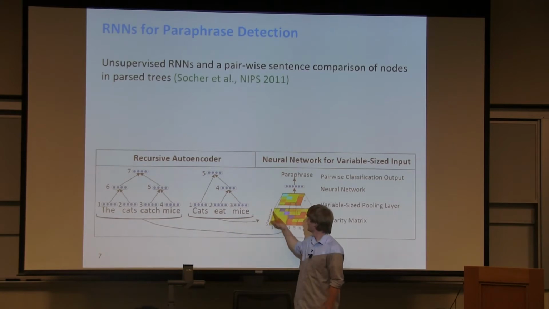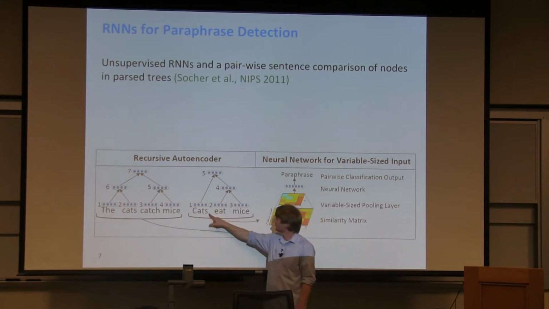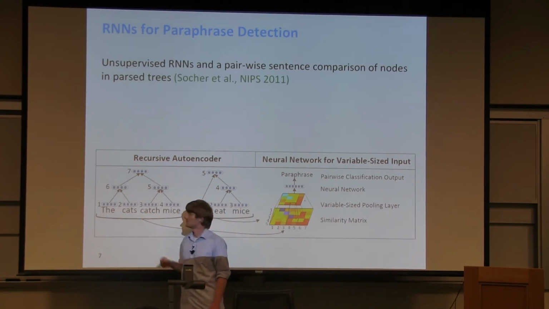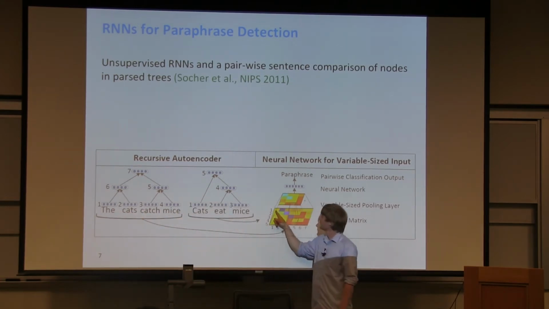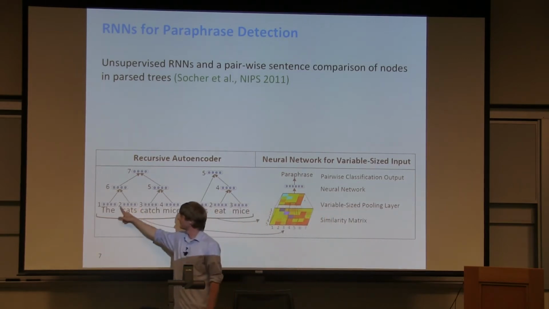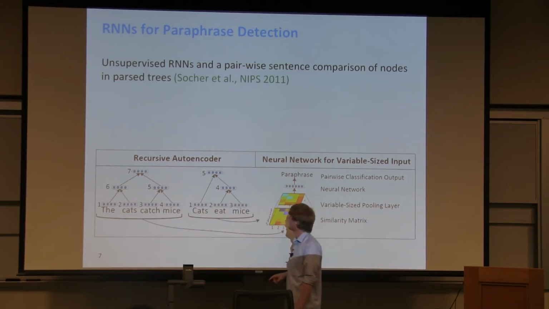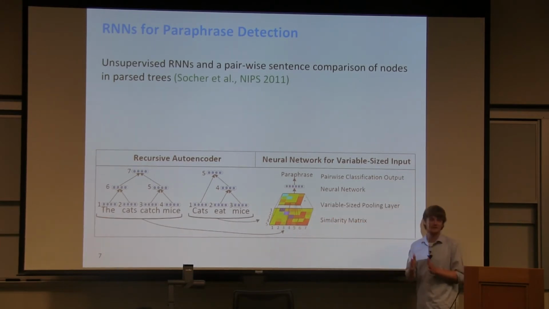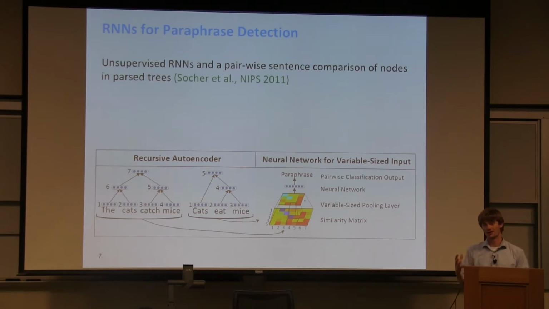And then for each one of these 5, you look at the capitalized version of cats. How close is it to the word the? Not very. But the second node here is very similar to the non-capitalized version of cats, and hence you have a small distance between those two word vectors.